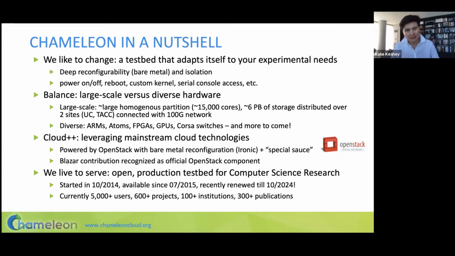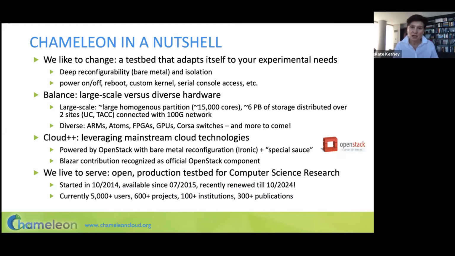The trick in Chameleon has always been to balance a large-scale investment in homogeneous hardware that allows you to run experiments at scale, like high-performance experiments, and an investment in diverse hardware, so we cover as many different hardware configurations, and in particular as many innovative configurations, as we could. So we've got large-scale hardware, something on the order of 1,000 nodes.